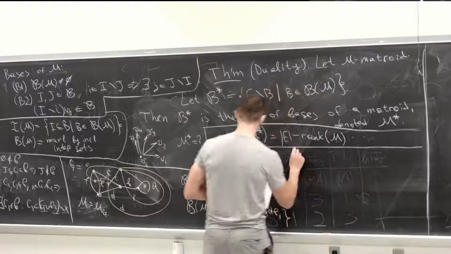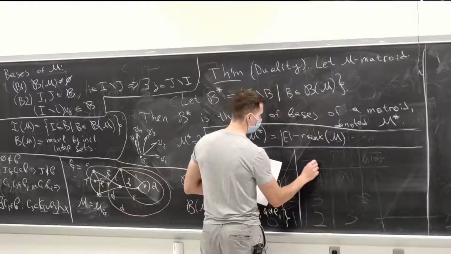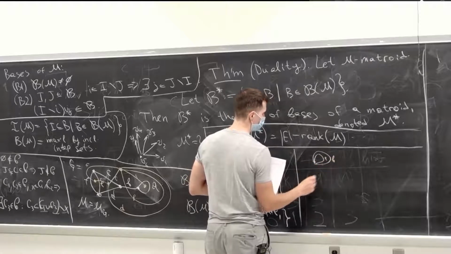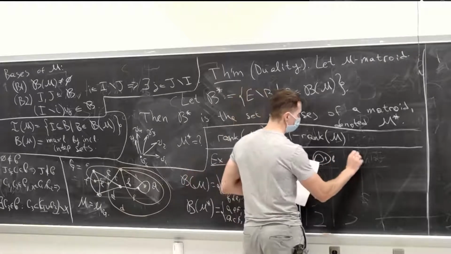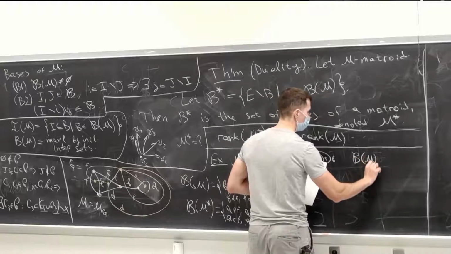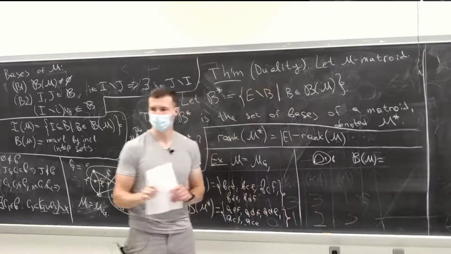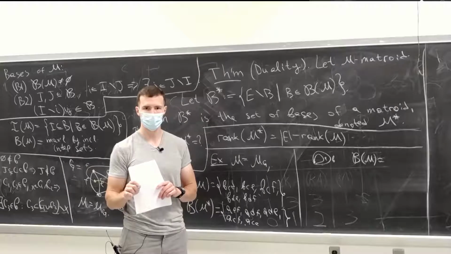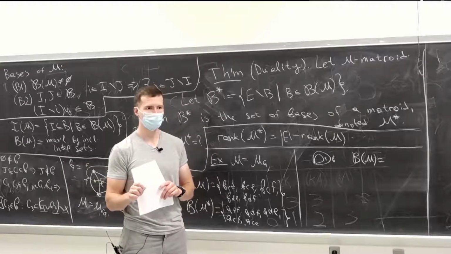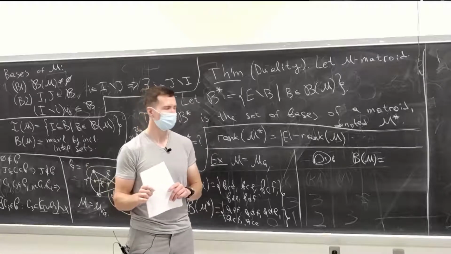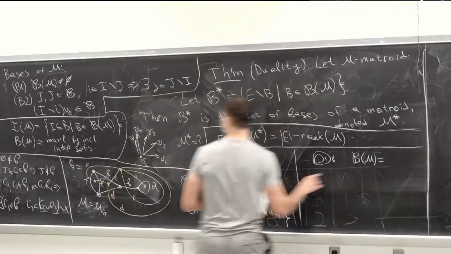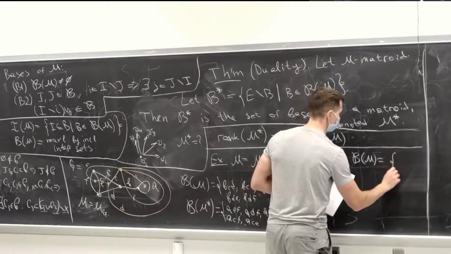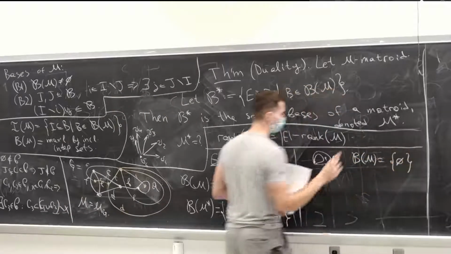If you have a graph with several loops, A, B, then what is the set of bases? The set of bases cannot be empty by definition, but it consists of the empty set.